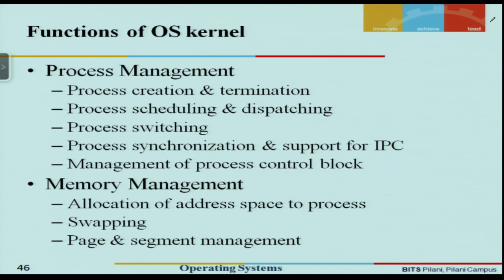Under this category, the OS kernel is responsible for process creation and termination, process scheduling, process switching, that is context switch, and it is also responsible for process synchronization and support of inter-process communication, and management of the process control block.